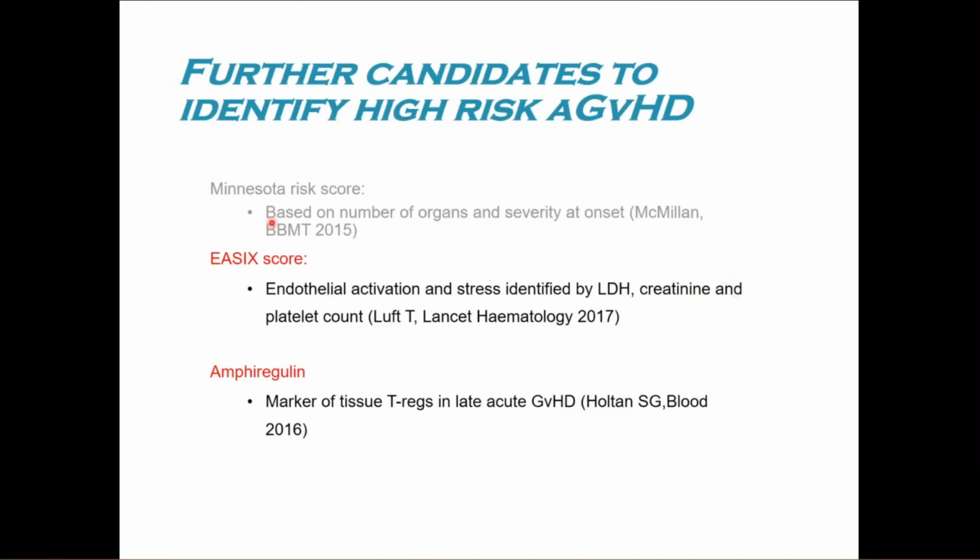There is the E-6 score, which includes the LDH, the creatinine, and the platelet count as a score about endothelial activation and stress, published by Luft in Lancet Hematology 2017, and the amphiregulin as a marker of tissue Tregs in late acute GVHD, published by Holton.